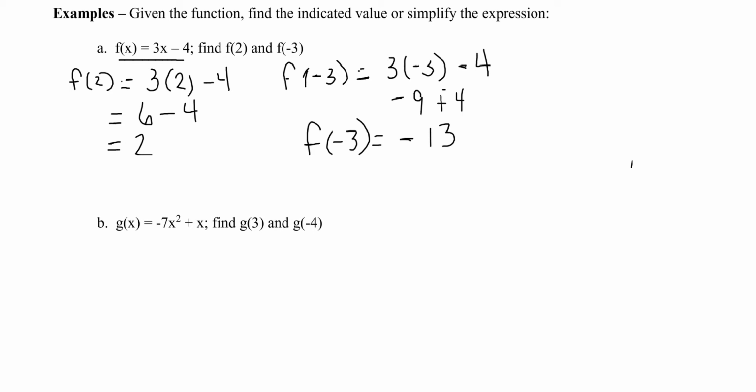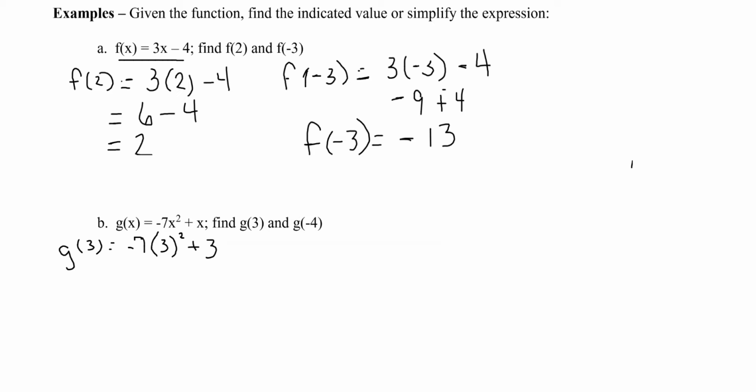All right, now, for B, we have g of x equals -7x squared plus x. First, we're going to do g of 3. So we'll do -7 times 3 squared plus 3.